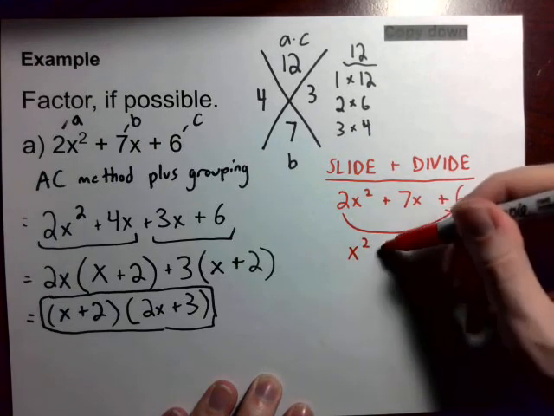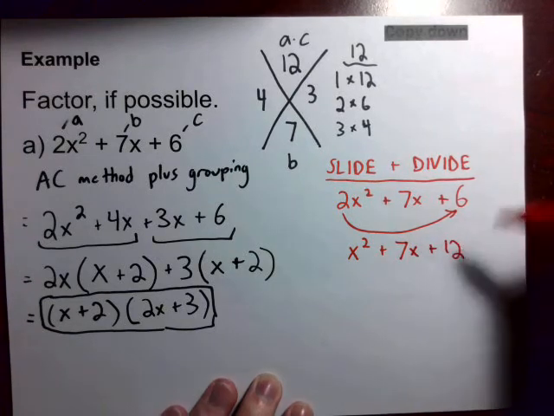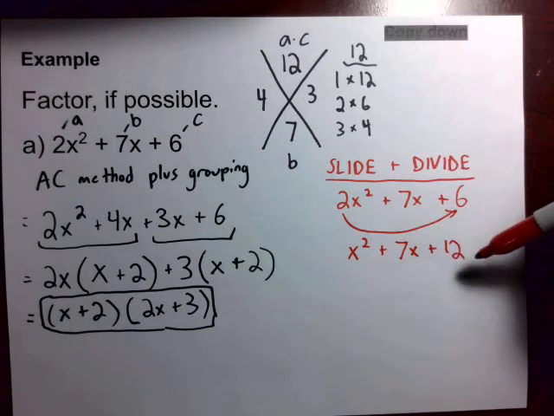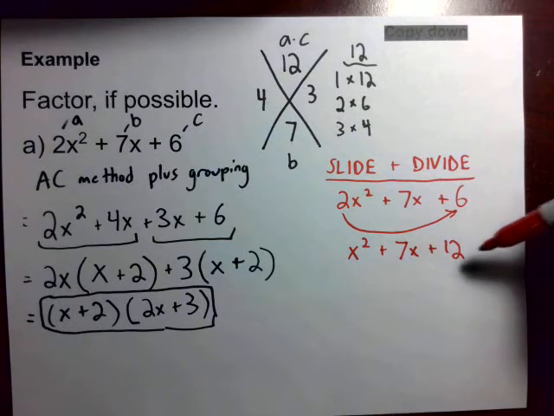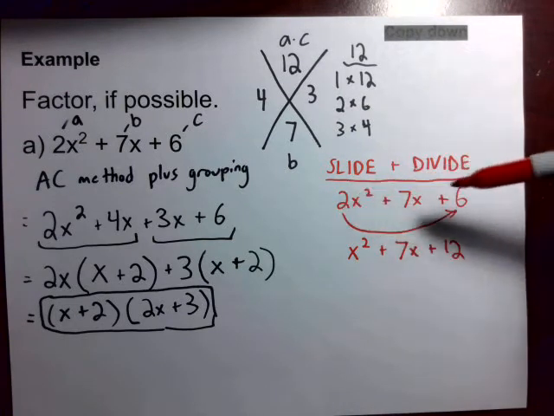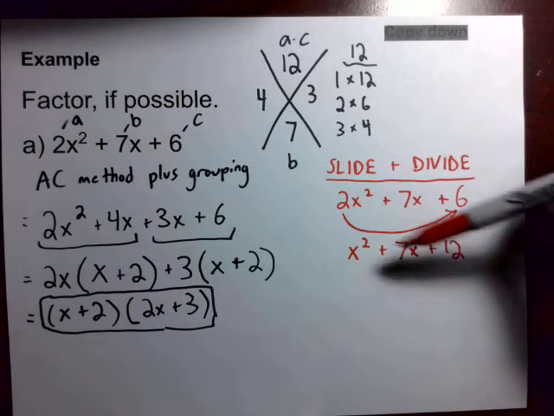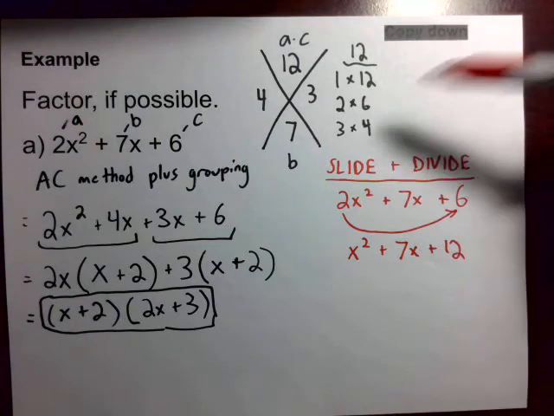And you're going to rewrite an expression now, x squared plus 7x plus 12. So this method relies on us creating a simple trinomial to start with, which technically we can do because we haven't actually changed the product of a and c, right? 1 times 12 and 2 times 6 both give you 12.